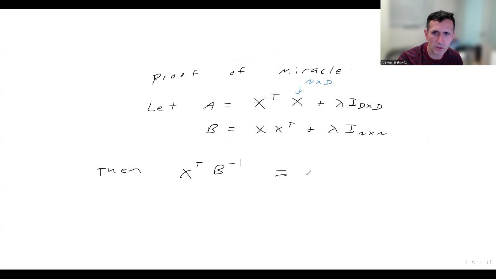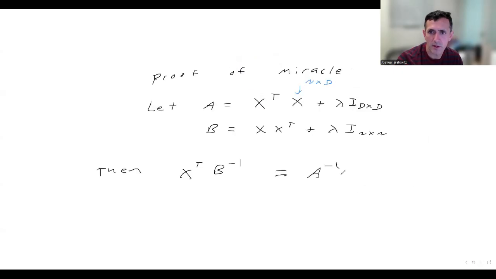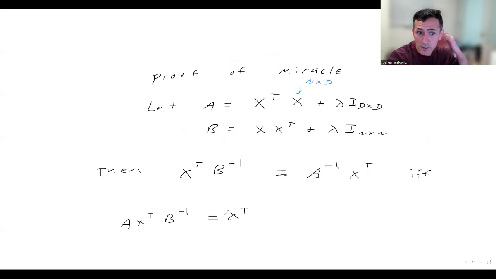So this is going to be equal to A inverse x transpose x plus the identity times x transpose, if and only if, well, just do something silly. Just multiply both sides by A on the left. Again, this is what I need to prove here.